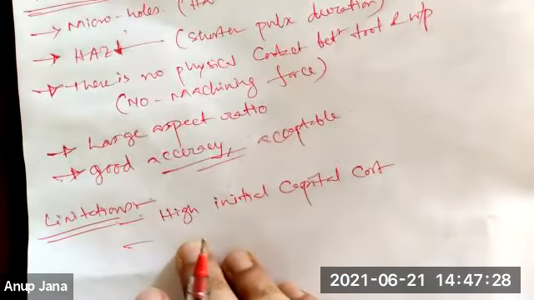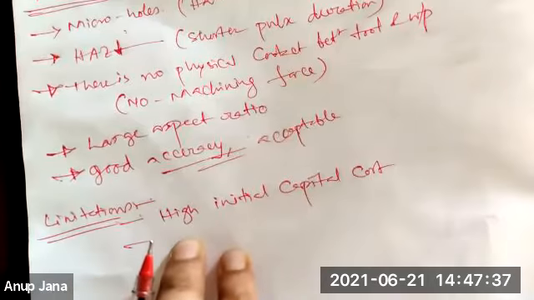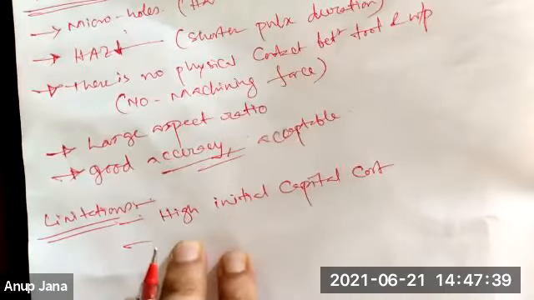Carbon dioxide is free, you can get it from nature, it is not that expensive. But for producing laser, you might have seen how much voltage you have to apply. So you have to bear high capital cost.